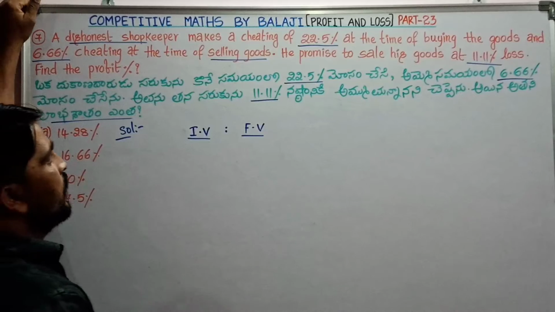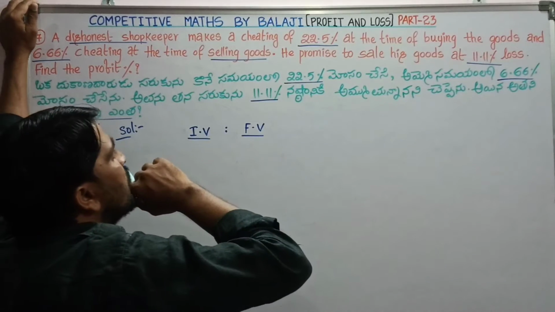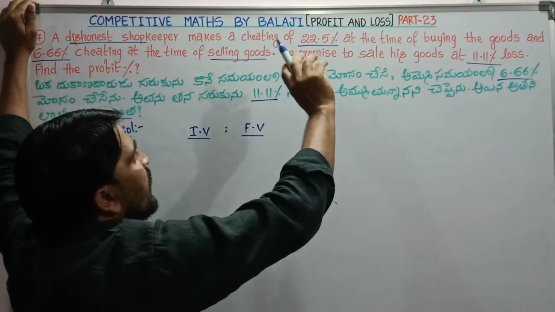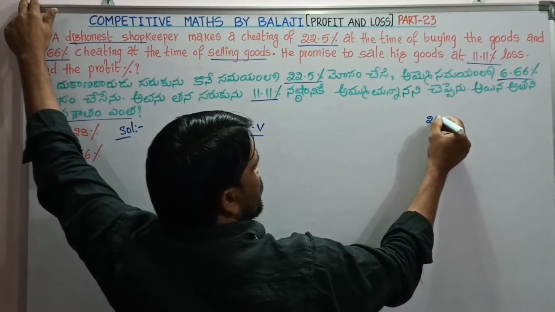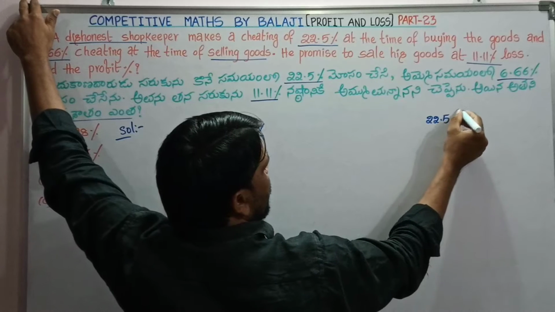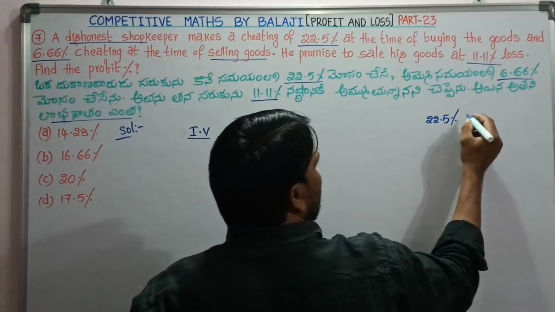We know that the shopkeeper cheats at the time of buying and selling the goods. He cheats 22.5% at the time of buying goods.